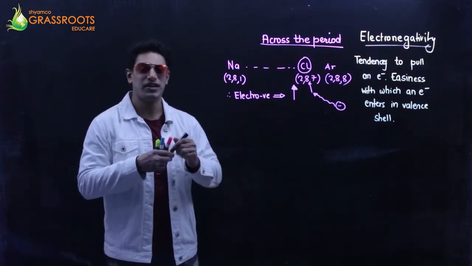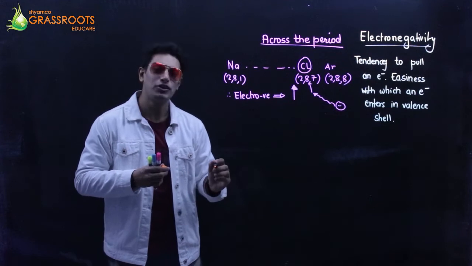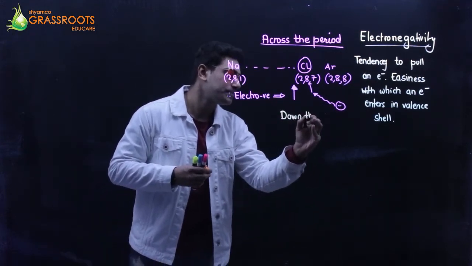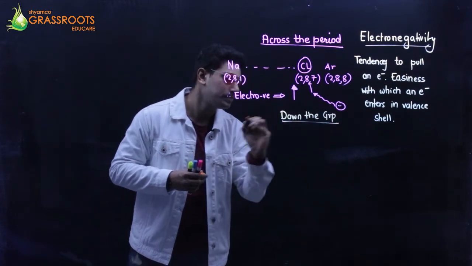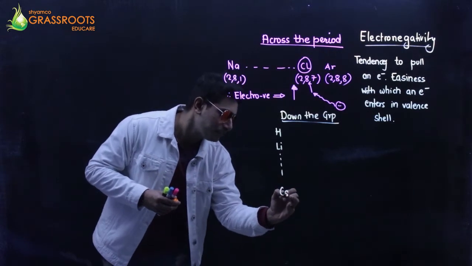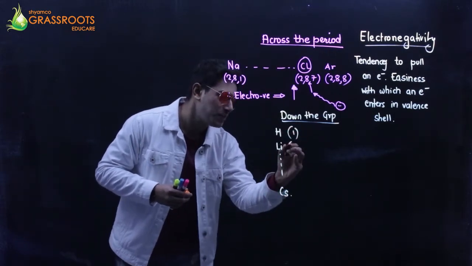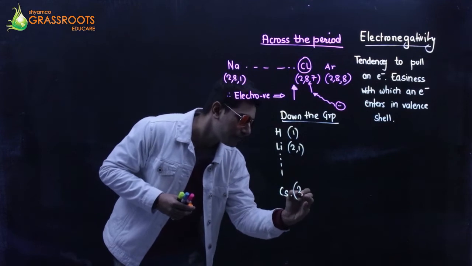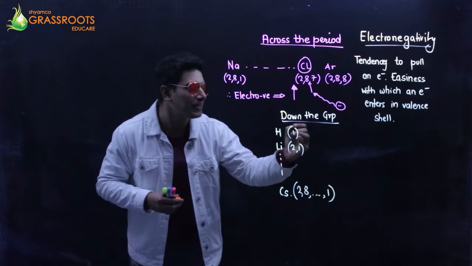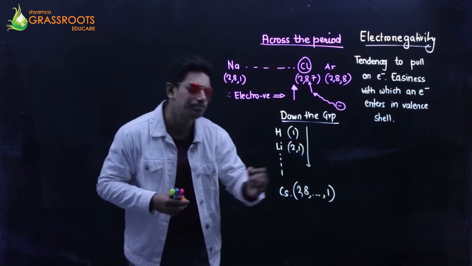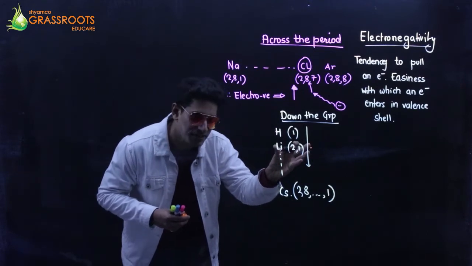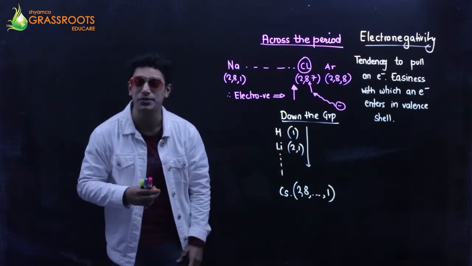Down the group, if I talk about electronegativity, right from hydrogen up till cesium, again, the same explanation as electron affinity. As we go down, the atomic radius increases, nuclear charge increases, pulling effect obviously increases.